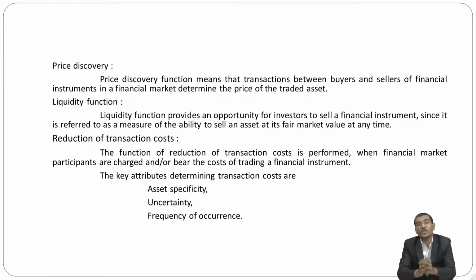The function of reduction of transaction cost is performed when the financial market participants are charged and bear the cost of trading a financial instrument. This function determines the different transaction costs, which are asset specificity, second is uncertainty, then frequency of occurrence.